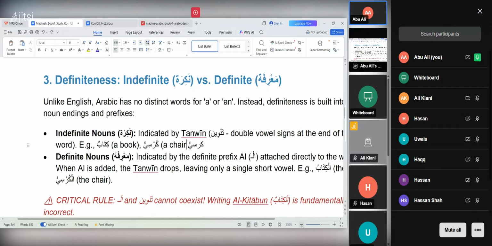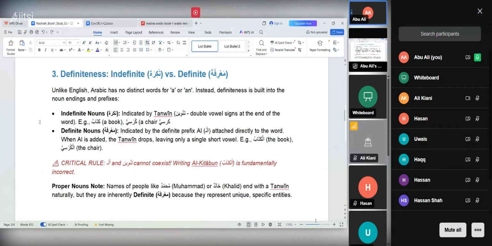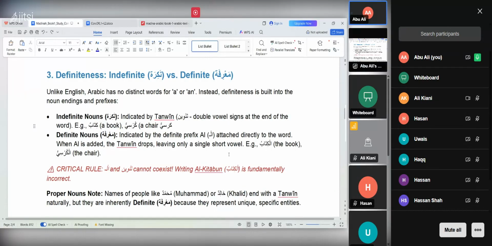So something else you have to know is that we already said this. In principle, the noun is always indefinite. Okay, you have to give it something to make it definite. Now there are many ways to make something definite. Some nouns are always definite, like nouns that represent persons' names. Asma'ul alam, like Muhammad.